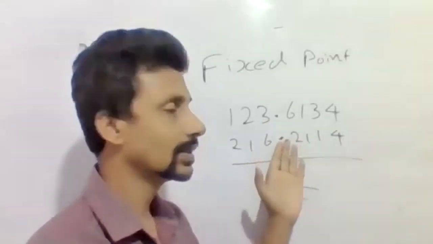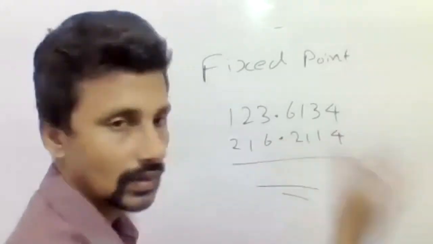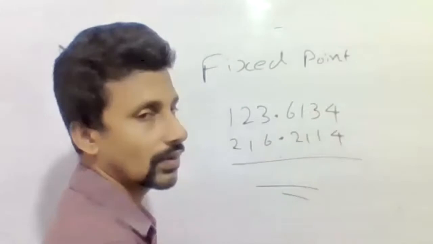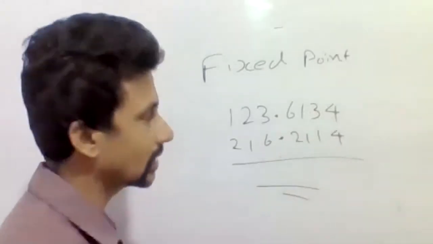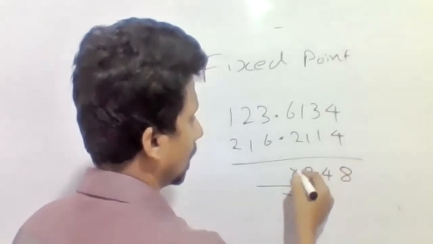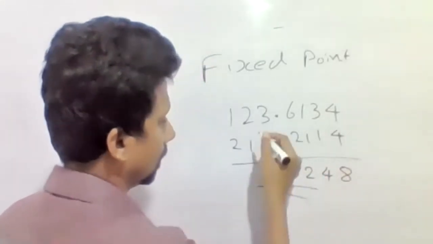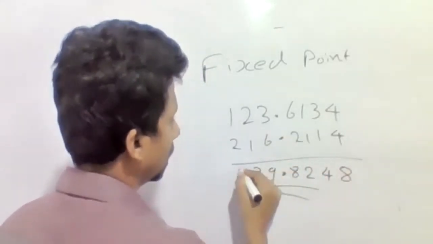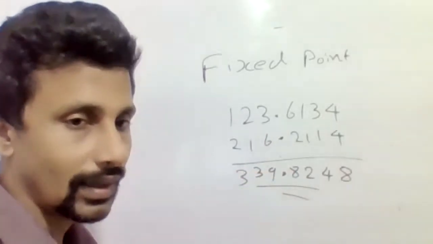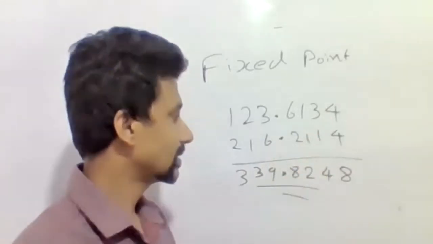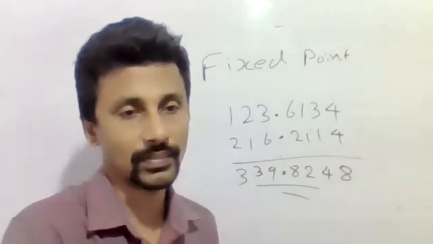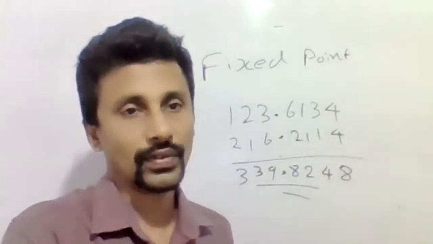On the right-hand side you have four values, this one also you have four values. Your answer when you are adding them together, 842.933, also has the same decimal values. The point is at the same place. That's why it's called fixed point.